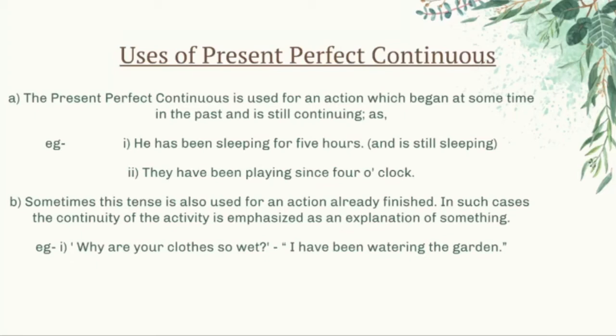I have been watering the garden. Now, the action which has already finished is that why the clothes were wet, and the reply for the continuous activity is that the person was watering the garden because of which the clothes became wet. Hence, it is present perfect continuous.